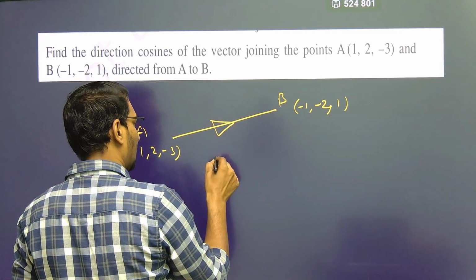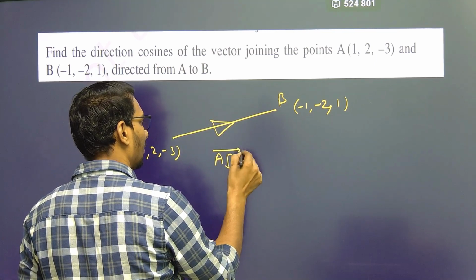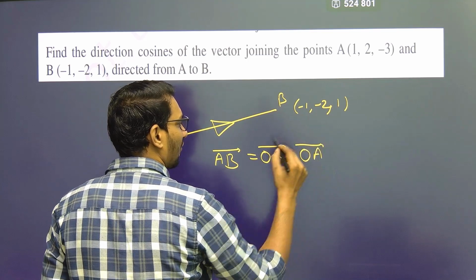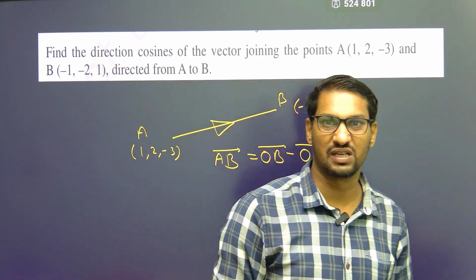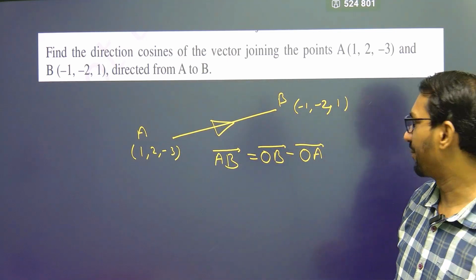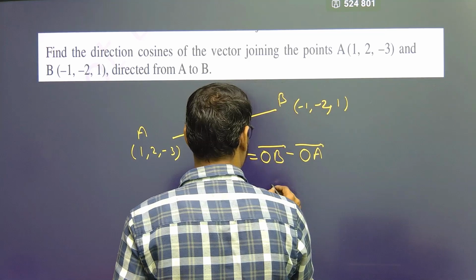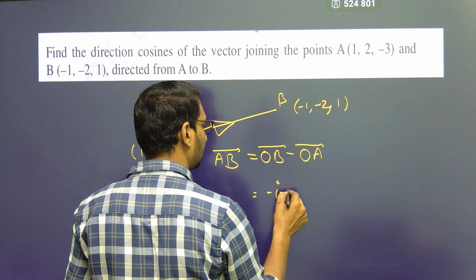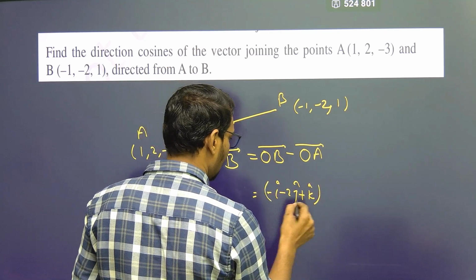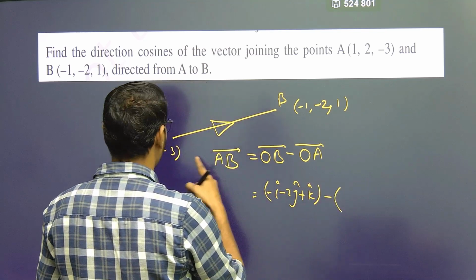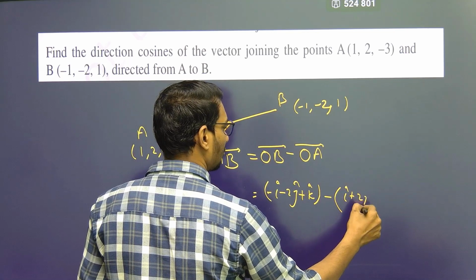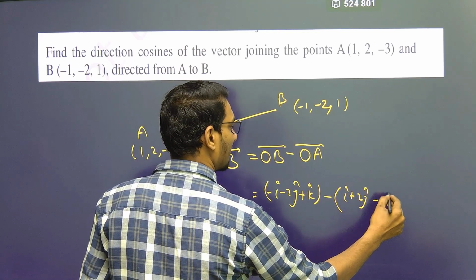And vector AB can be written as OB vector minus OA vector, final minus initial: position vector of final point minus position vector of initial point. So what about OB vector? Minus i cap minus 2j cap plus k cap, minus, what about OA vector? i cap plus 2j cap minus 3k cap.